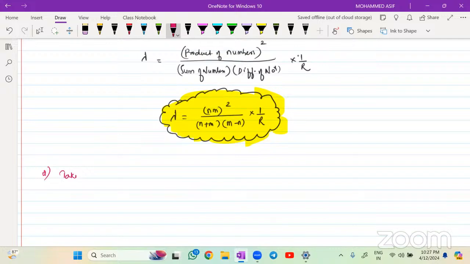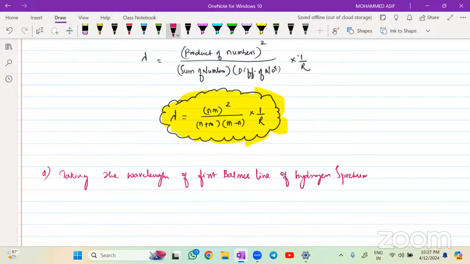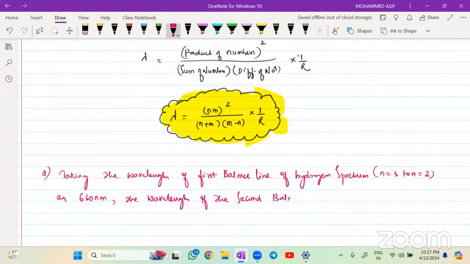Taking the wavelength of the first Balmer line of hydrogen spectra, n equals 3 to n equals 2, as 660 nanometers, the wavelength of the second Balmer line, that is n equals 4 to n equals 2, will be how much?